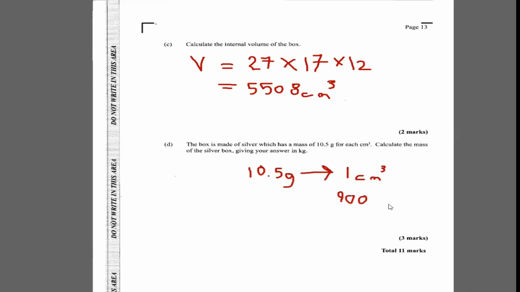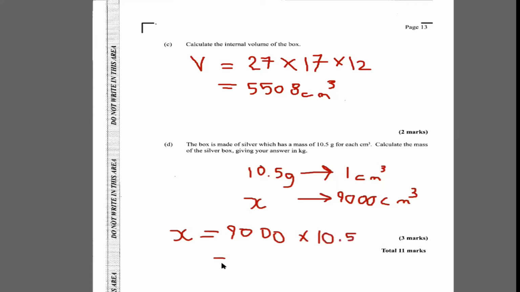And so this is going to go to some mass of x. Using simple proportion, x is equal to 9,000 times 10.5 divided by 1.